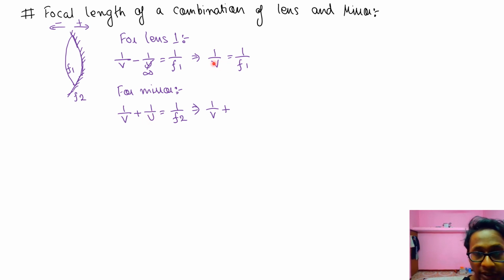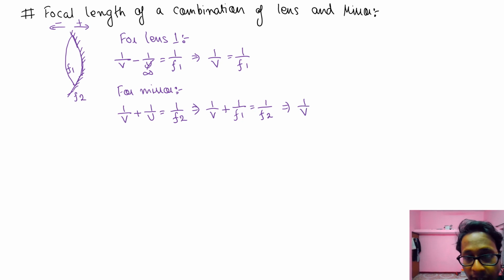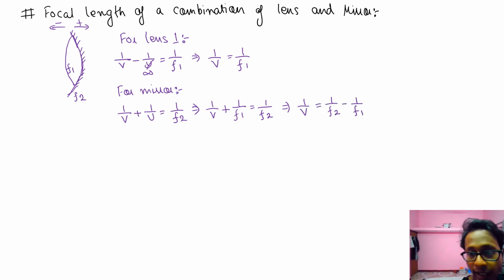So u is nothing but v here. So 1 by u is equal to 1 by v, and 1 by v is nothing but 1 by f1. So 1 by v is equal to 1 by f2 minus 1 by f1.